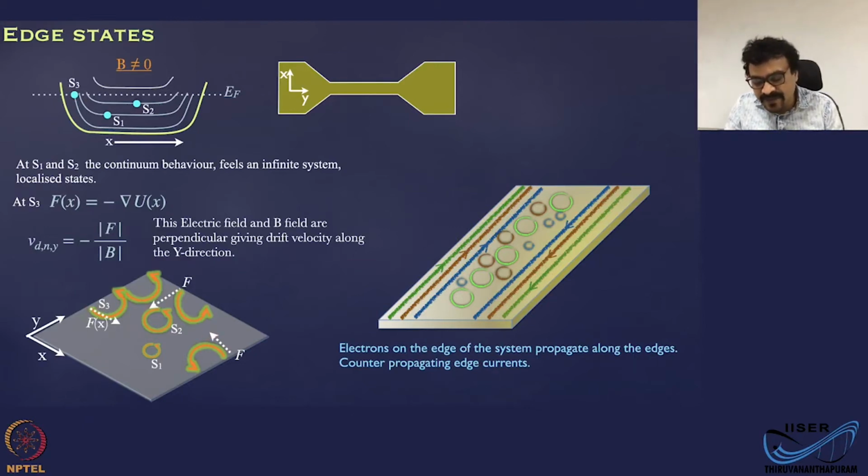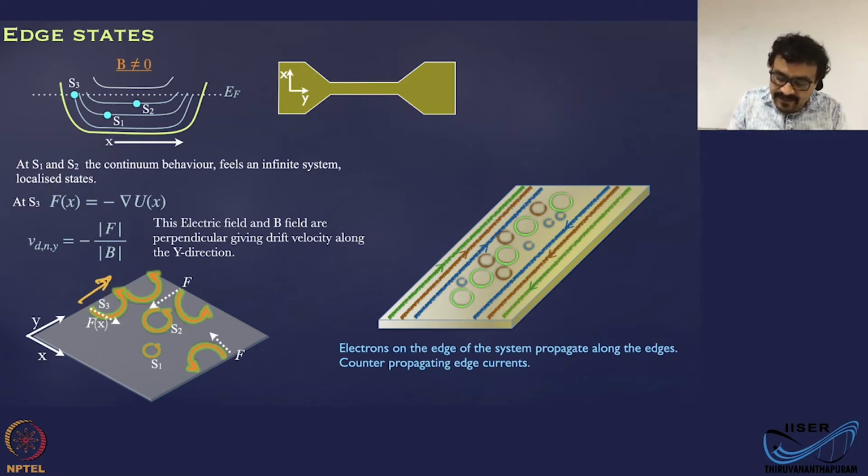What that means is the electron at the edge will undergo cyclic motion, but it also feels another Lorentz force which is perpendicular to both the direction of B and F, that is along the edge. For example, in this case, the force is inward, the B is normal, so the velocity of the electron will be in this direction.